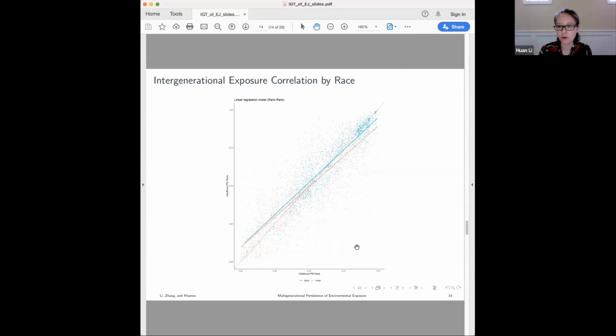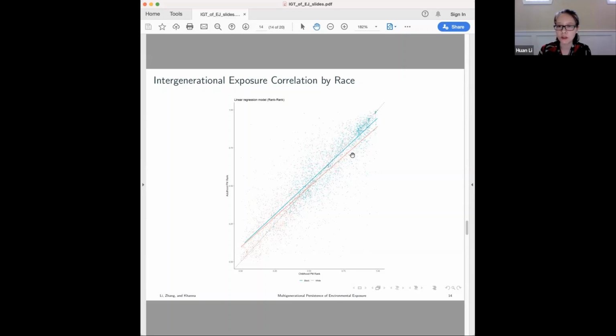However, if both minority and majority grew up in very dirty areas, when they grow up, the minority will face a much larger PM 2.5 than the majority.